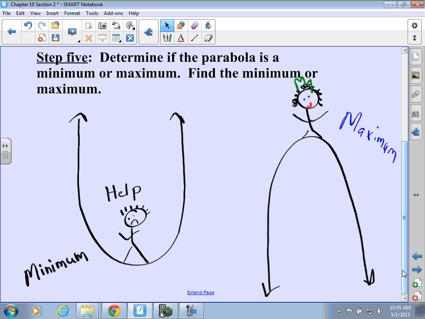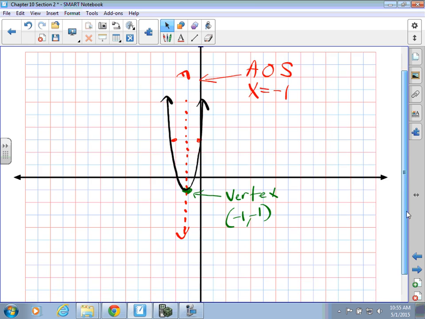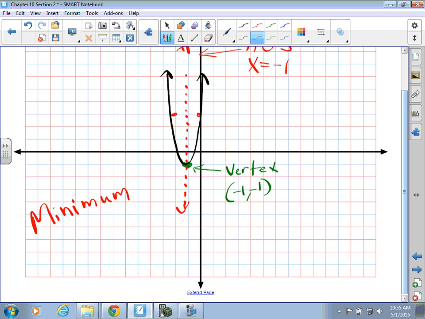So it's a minimum because it opens up. It's always y equals if it's a maximum or a minimum, and I grab the y of my vertex. The vertex is really important, like very important. Yeah, major, major, major. All right, now let's go to the next problem.